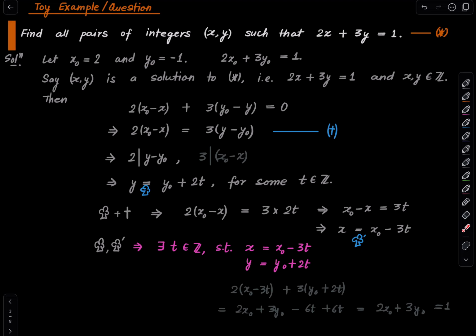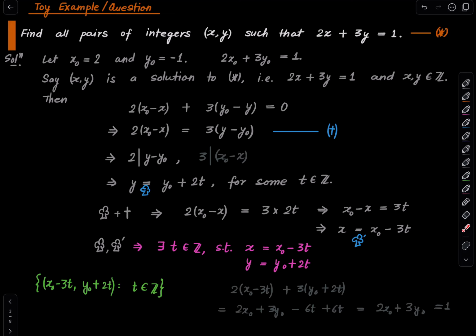So therefore we have a complete list of solutions. The complete set of solutions is this: x naught minus 3t, y naught plus 2t, t an integer. This is exactly the set of all possible integer solutions to this equation.